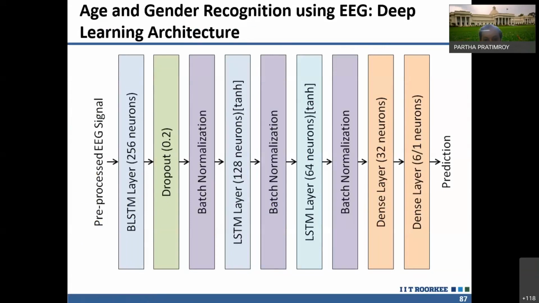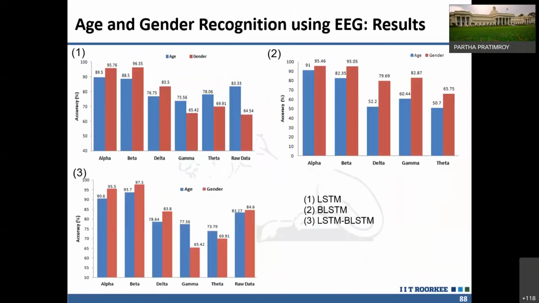Then normalization, then LSTM layer, then normalization, then LSTM layer, and finally we make predictions. So here we are considering a stack of LSTM and BLSTM together. You can use all these combinations, BLSTM, bidirectional, or sometimes LSTM only, and try different permutations to see which actually works.